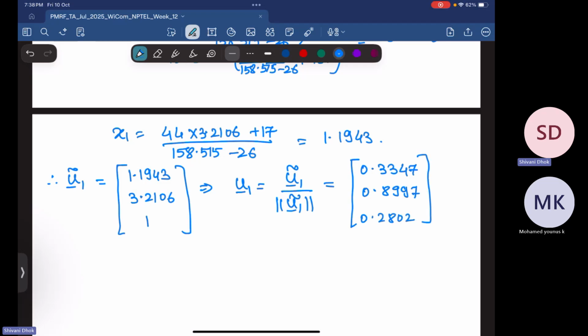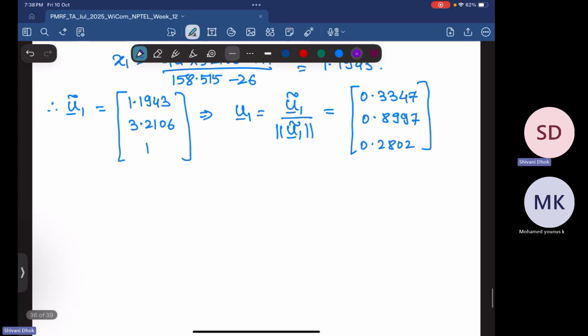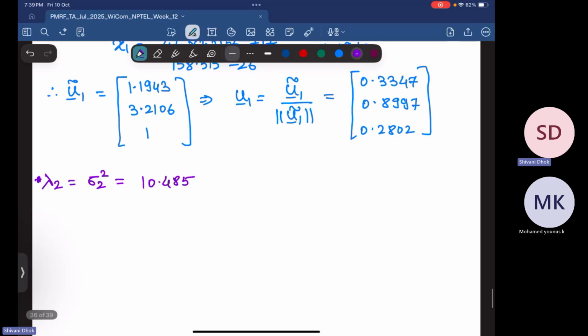So this is u1. Now let us use lambda 2, that is equal to sigma 2 square, which is nothing but 10.485. Again, we have set x3 equal to 1.